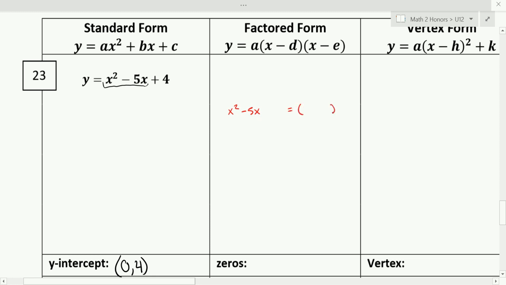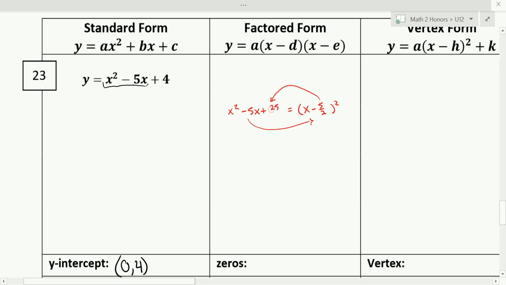And what would that perfect square be? It's going to be x minus 5 over 2. So you're cutting that b in half. It was a negative 5, now it's a negative 5 over 2. Then you square that, and it's always going to be positive. Negative 5 over 2 times negative 5 over 2 gives you what?